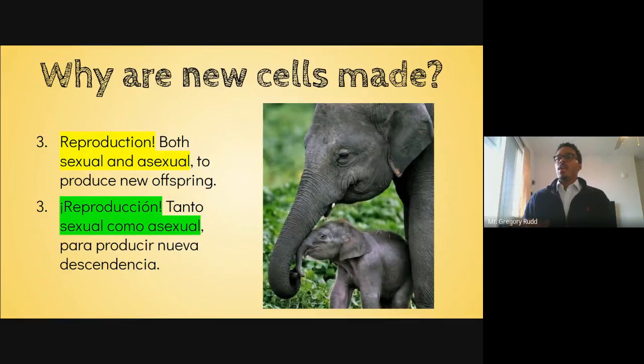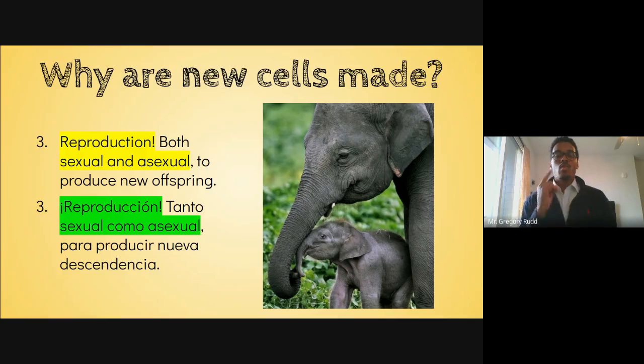And then lastly, reproduction, both asexual and sexual. We need new cells for these processes. Sexual reproduction, like I said, involves a sperm cell and an egg cell. Typically, those come from different individuals. But in the case of some very odd animal species, some species of jellyfish, they actually provide both, essentially, the sperm and the egg.